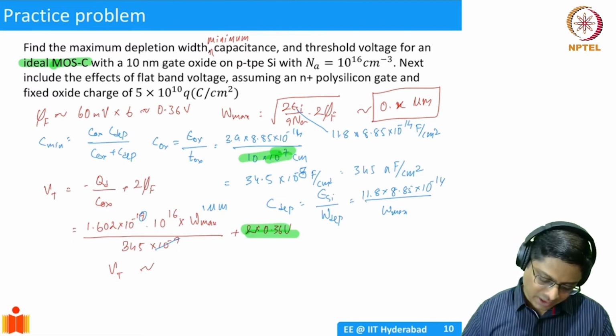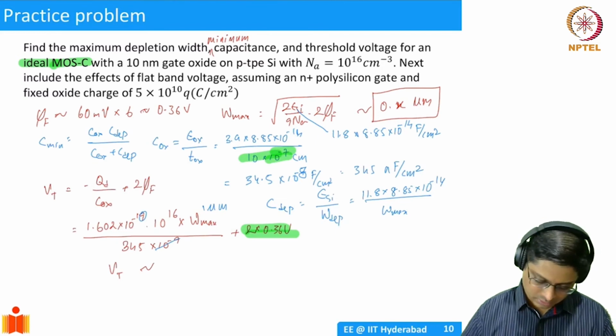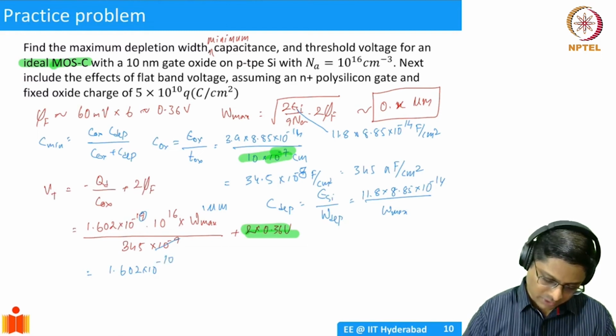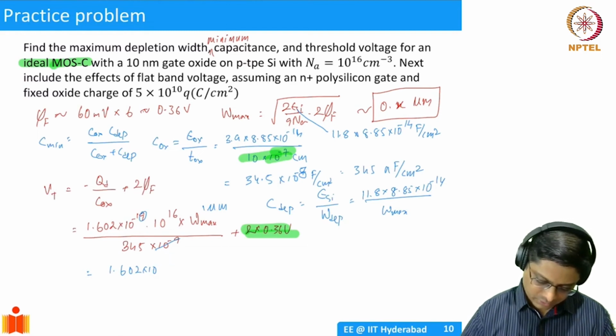What are we missing? Anything we are missing here? So 1.6. So this will be 1.602 into 10 power minus 10. Right, minus 10. Okay, that will be plus 6 now. This will be 6 into 1 micron.